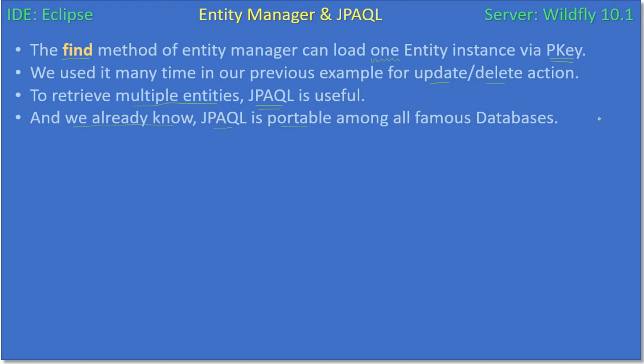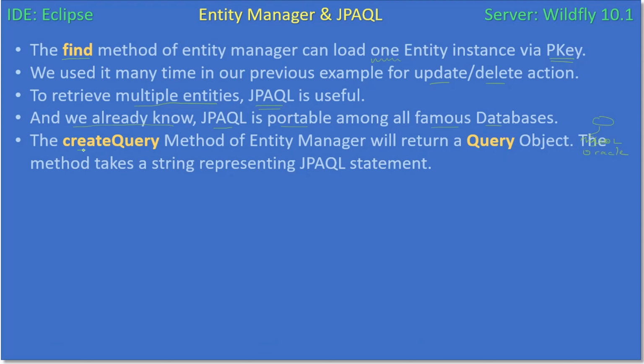That means once you write your JPA-QL, and at present if it is converting the JPA-QL to MS SQL, later we can simply switch the database to Oracle, so the conversion still takes place. So that's why here we are saying JPA-QL is portable among all famous databases.